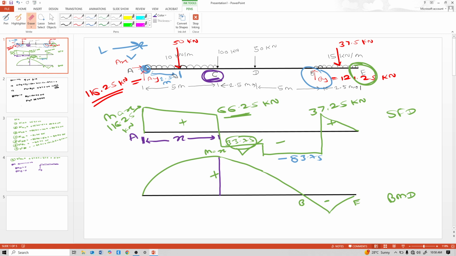Again this 50 is downward and anti-clockwise to that C, so minus, load is 50 and this distance is 2.5, so multiply 2.5. So 456.25 is the maximum bending moment.